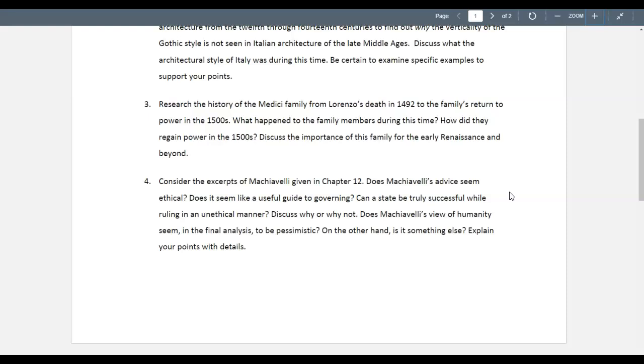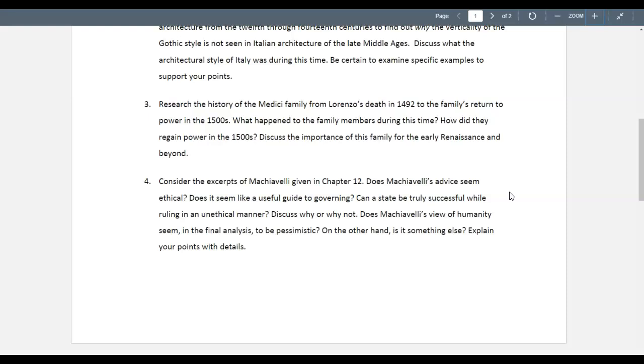And then the 1400s, large, but then they fell from favor or power, if you will, in Florence during a lull. But then they moved back to prominence in the 1500s, and you get to research that one. So it's going to take you to having to go read some other documents, look at other information beyond what's just in the textbook. And so that one will require more research.